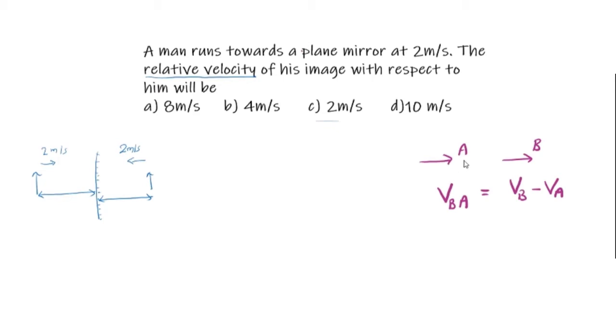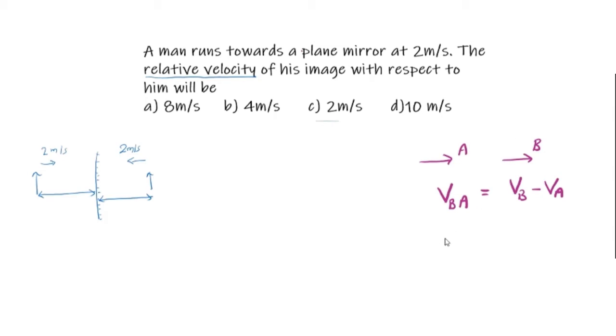Now we should remember that the relative velocity is a vector quantity. So the direction plays a very important role. That means if both A and B are moving in the same direction, we keep both these velocities as positive.